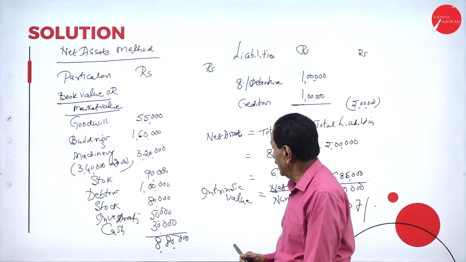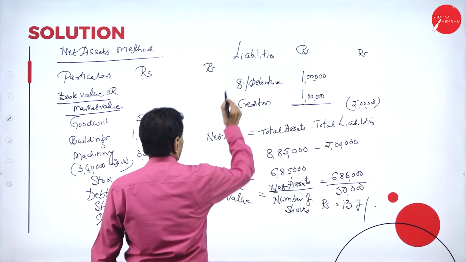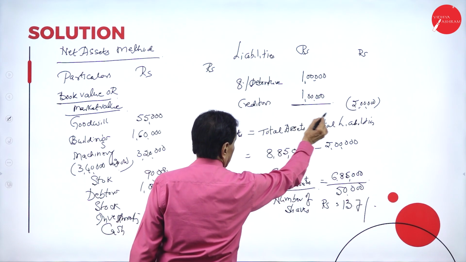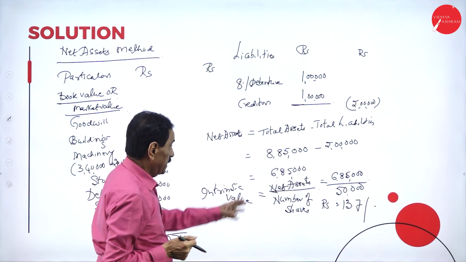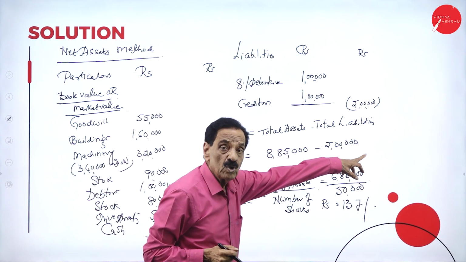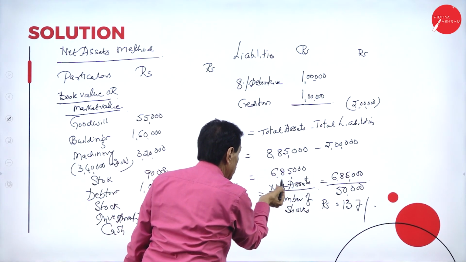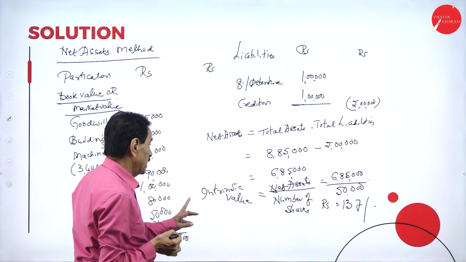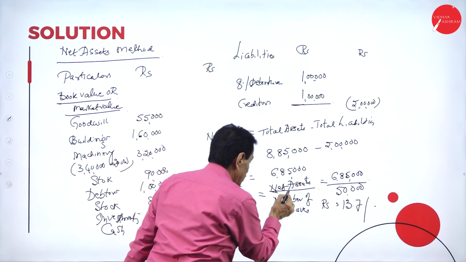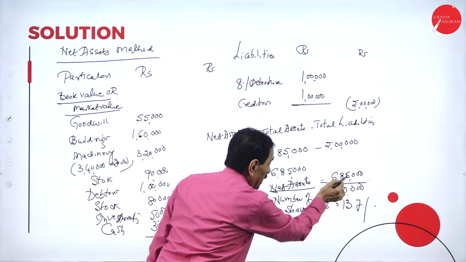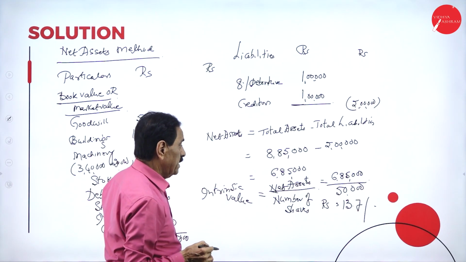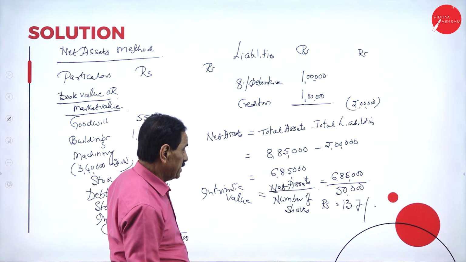It becomes 8,85,000. Liability: 8% debenture, creditor 2 lakh. Net asset is equal to total asset minus total liability, 8 lakh 85 minus 2 lakh means 6 lakh 85,000. Intrinsic value is net asset divided by number of shares, 6 lakh 85 divided by 50,000, 13 rupees 7 paisa.